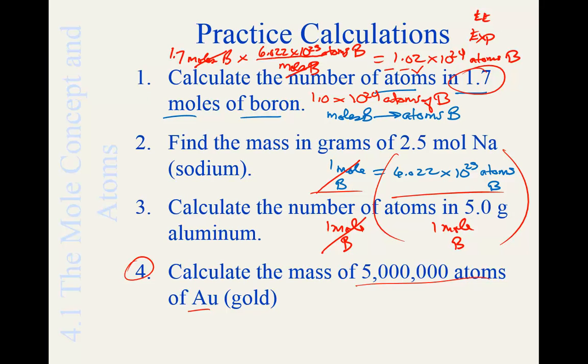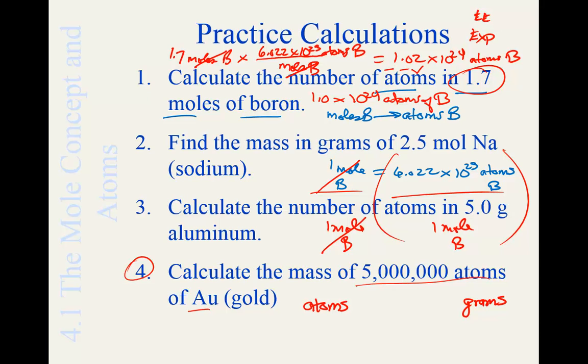Now it says mass, and you're like, well, what unit am I supposed to use? Microgram, kilogram, or gram? I would focus on using gram, and the reason why is that it's the base unit for mass in the modified metric system. So my plan of action here is to go from atoms, which is a number of particles, and I can't go directly to mass in grams, because I don't know the relationship between atoms of gold and grams of gold.